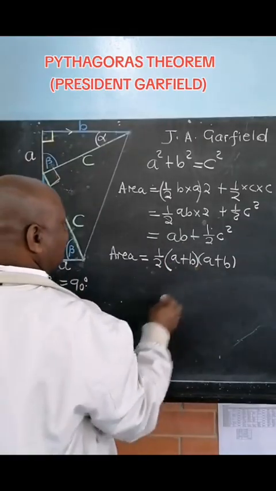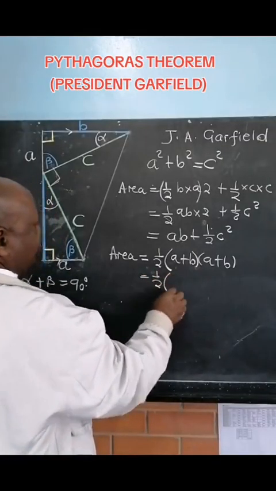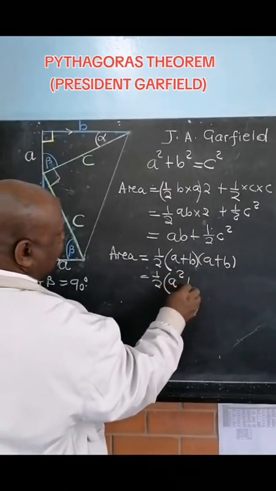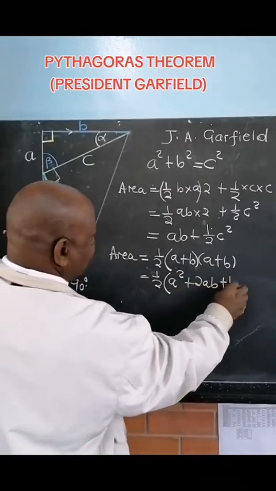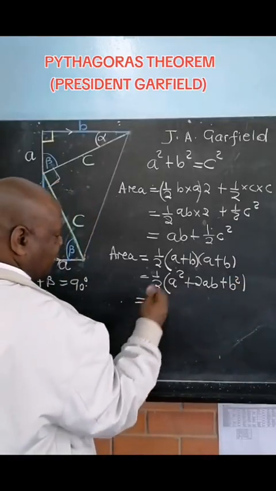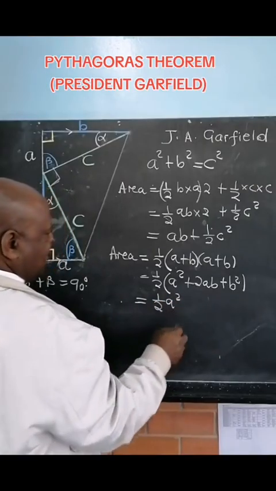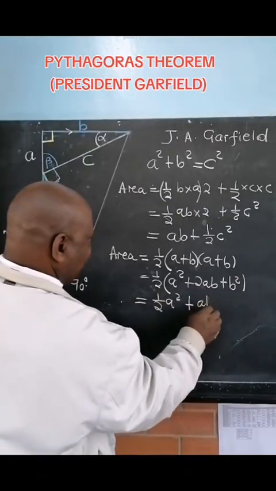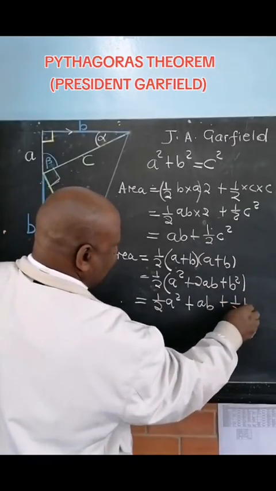This is going to be equal to half of, multiplying out, a squared plus 2ab plus b squared, which is equal to, if I remove the half, half a squared plus this times that is now ab, 2 will go, plus half of b squared.